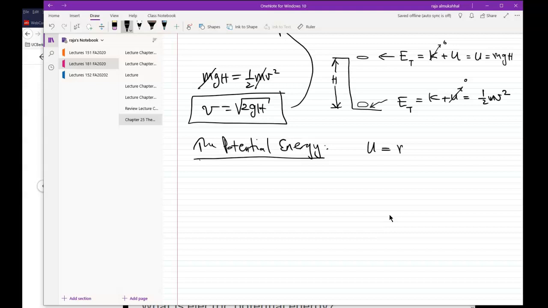The potential energy here is mgh, where h, of course, is the height from the surface of the Earth, for example, and g is the acceleration due to gravity. We assume that the height is small enough that g does not vary, you see what I'm saying? So this equation is a very good equation when dealing with gravitational potential energies in the vicinity of the gravitating object, say the surface of the Earth or something like that.